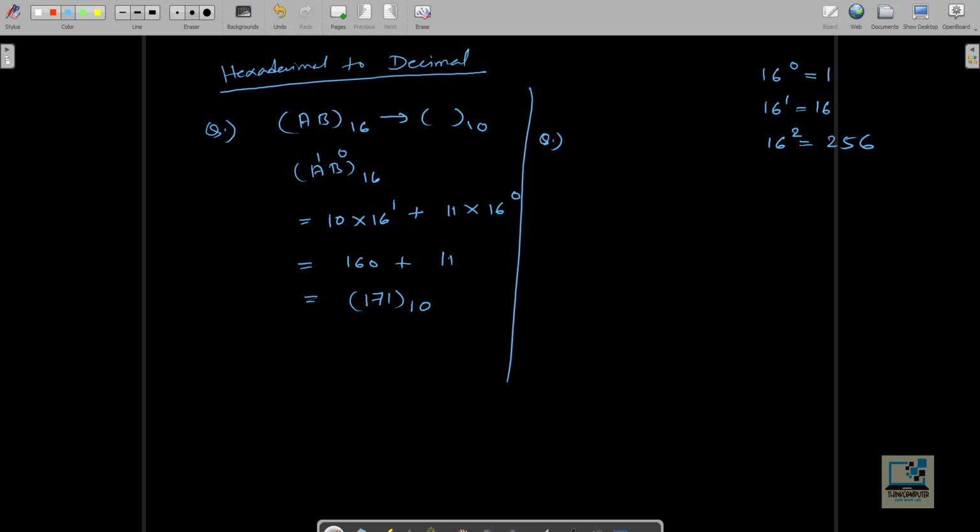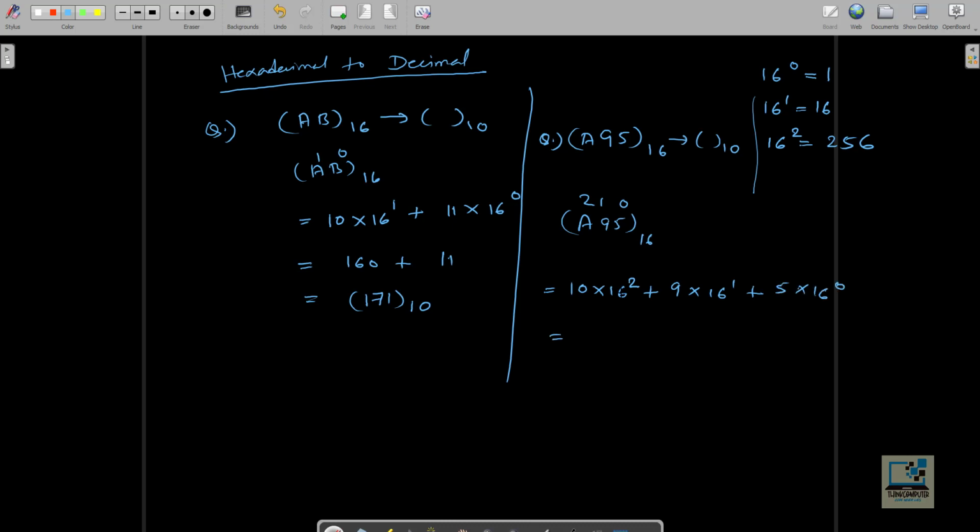Suppose it is A95, that is A95 base 16 to base 10. So write down A95, power values you can give 0, 1, 2. A will be written as 10, so 10 into 16 square plus 9 into 16 to the power 1 plus 5 into 16 to the power 0, correct? 16 square is 256, into 10 will be 2560, plus 16 into 9 is 144, correct?